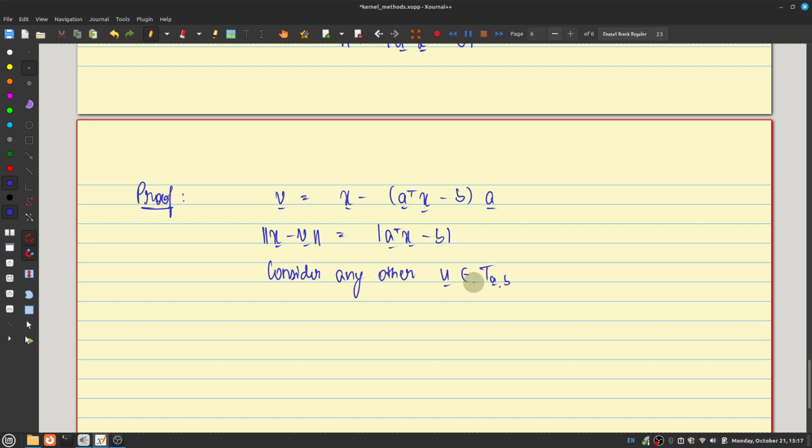If I'm able to show that the distance from X to U has to be greater than or equal to this, then I'm done. So let me just write this as, okay, in fact, let me directly use the triangle inequality.